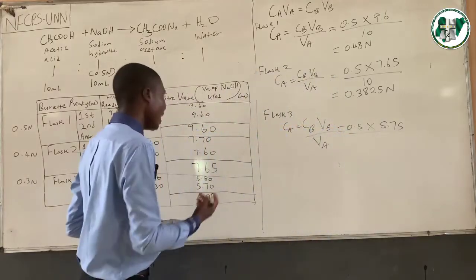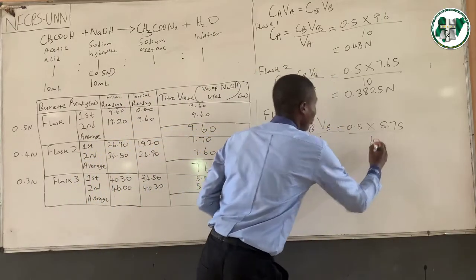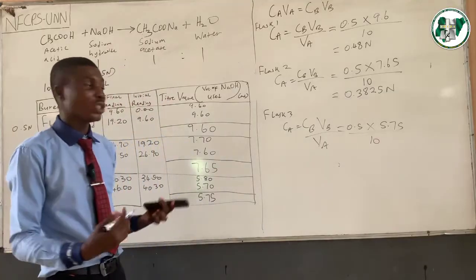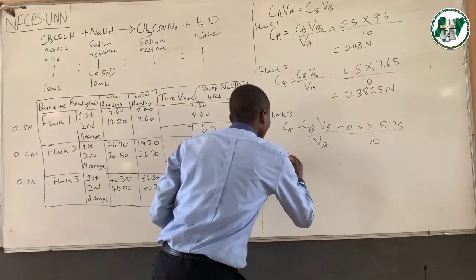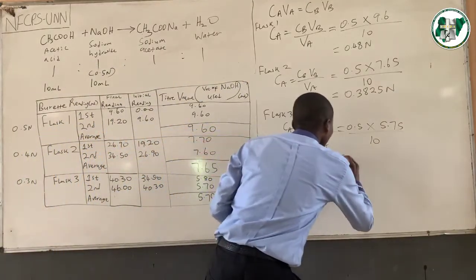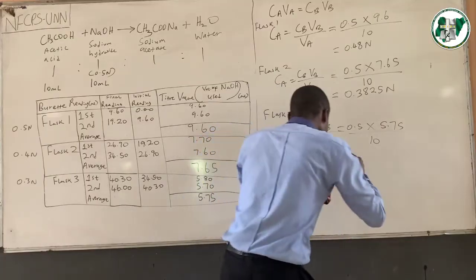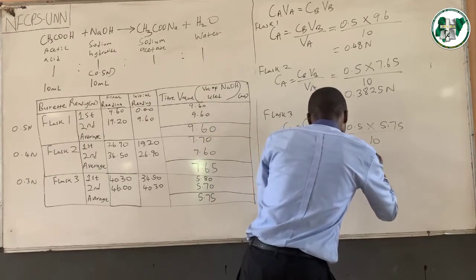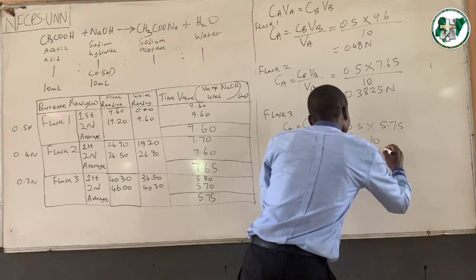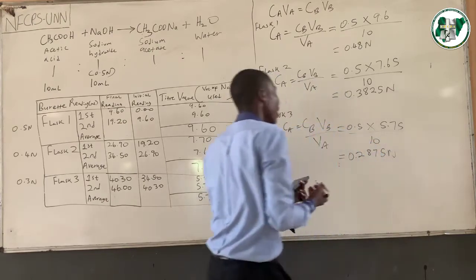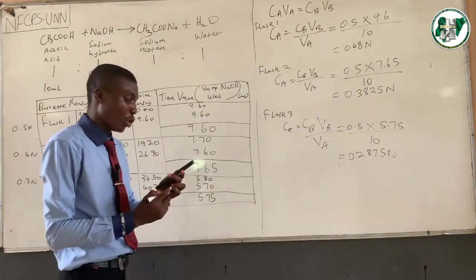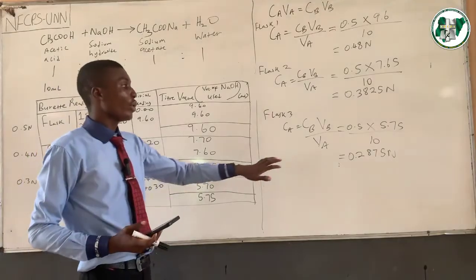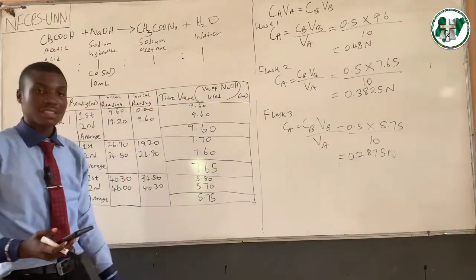And our Va is still 10 because we're using 10 mL of the filtrate, which is for the acetic acid. Now, if you punch that into your calculator, your result is going to be 0.2875 normal.